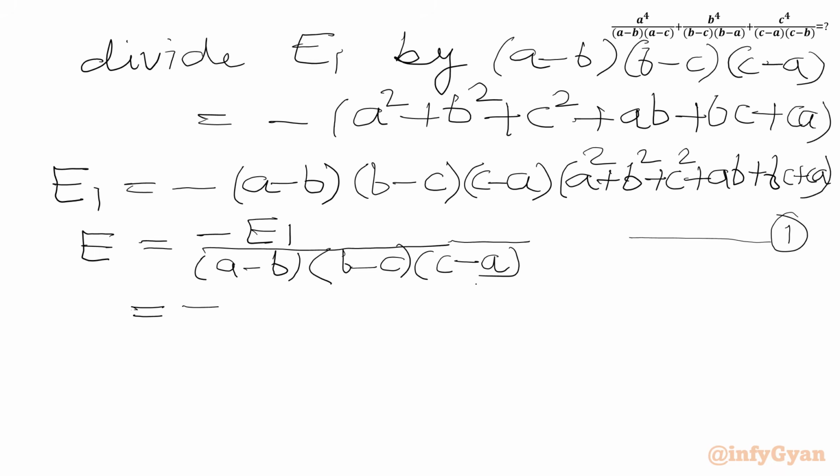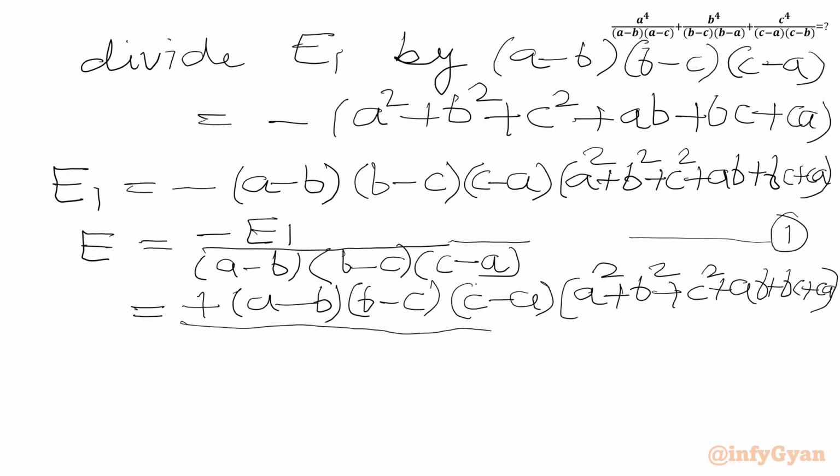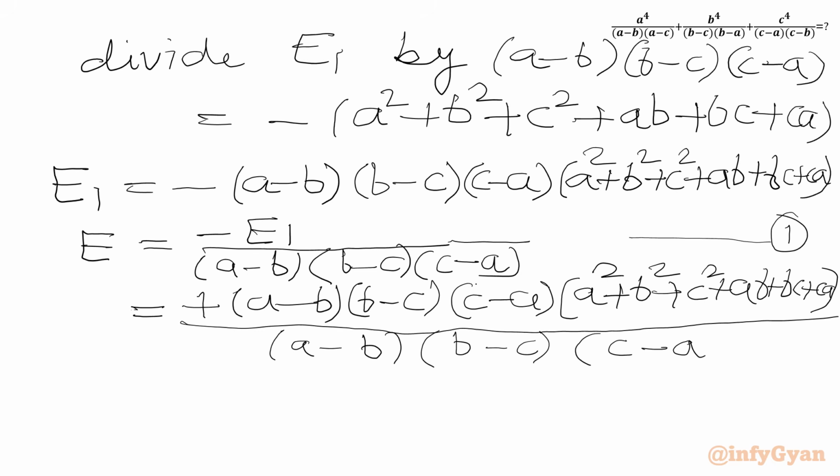We will get minus of minus, so we can write plus here: A minus B times B minus C times C minus A times A square plus B square plus C square plus AB plus BC plus CA in the numerator, and in the denominator we will be writing A minus B times B minus C times C minus A.